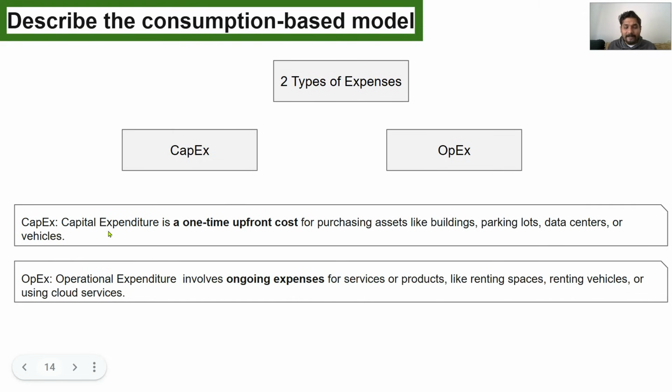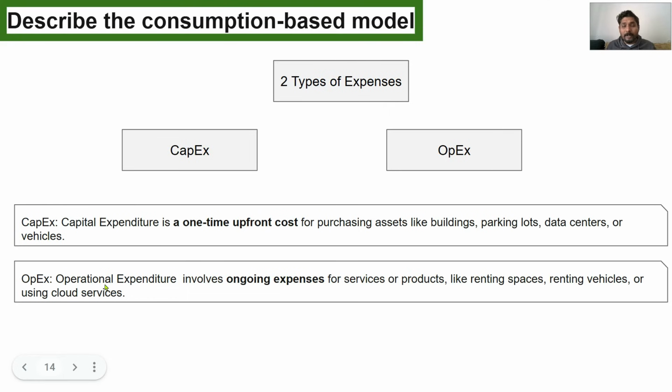Now let's read the definition. Capital expenditure is a one-time upfront cost. This is applicable to anything for purchasing an asset, for example, a building, a parking lot, a data center, or a vehicle. These things are called CapEx, capital expenditure. You have to put some amount to buy that.